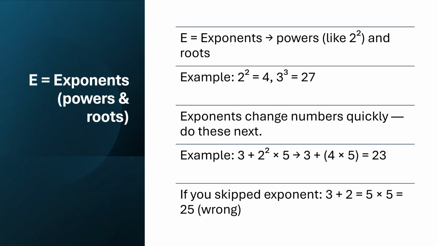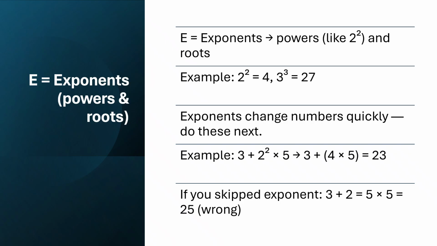After grouping symbols, the next step is exponents, the little power or root notation. For example, 2 squared means 2 times 2, which equals 4. In the expression 3 plus 2 squared times 5, you must first compute 2 squared equals 4.